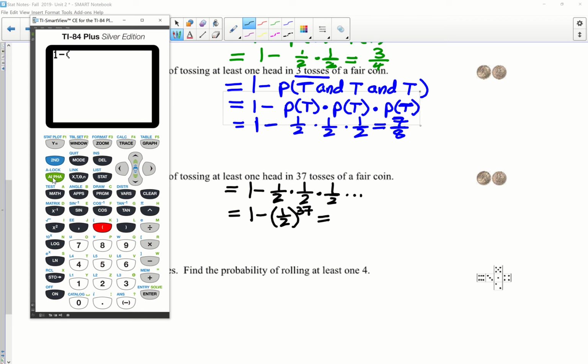So would you write 1 minus P to the 37 if you... Yeah, exactly. So 1 minus 1/2, a little caret symbol. I've used it a little bit, but I don't think I've explained it enough.